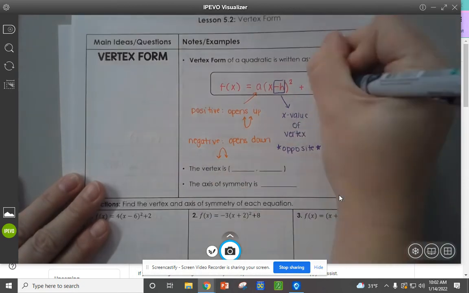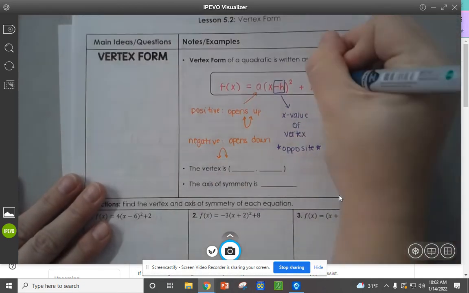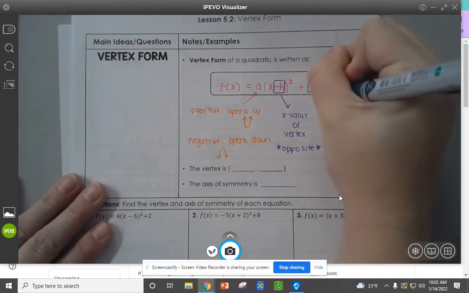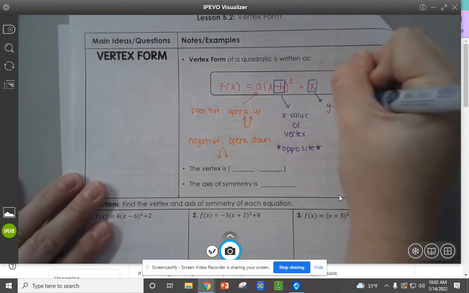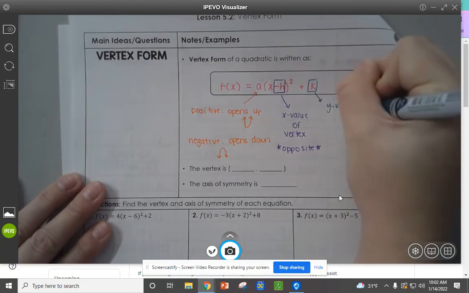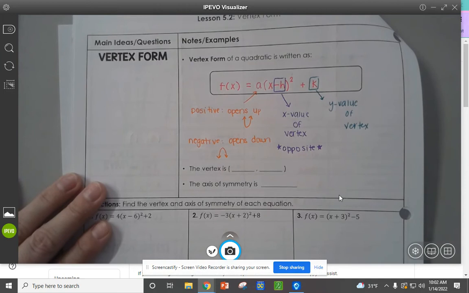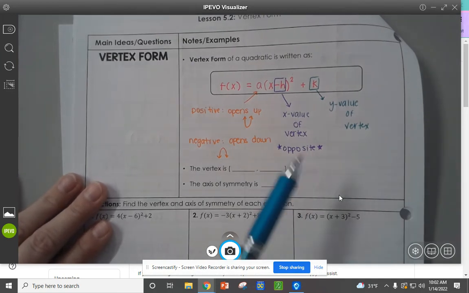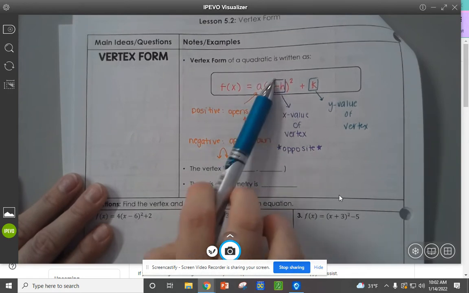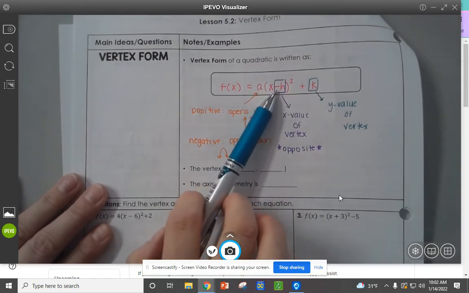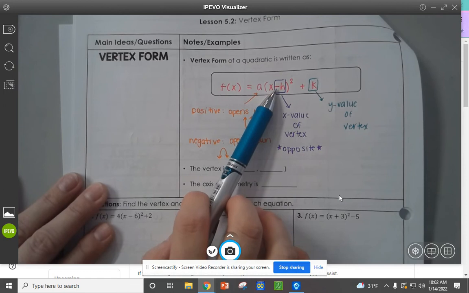And then this number that's added or subtracted at the end tells us the y value of the vertex. You do not take the opposite of that one. So you only switch the signs of the one that's inside of the parentheses.